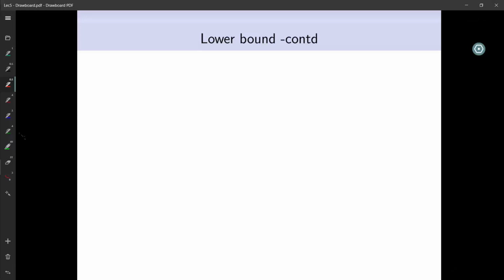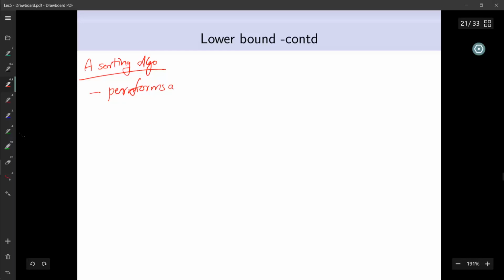So before proving the lower bound, let's try to understand the sorting algorithm with this viewpoint. A sorting algorithm performs a sequence or series of comparisons.